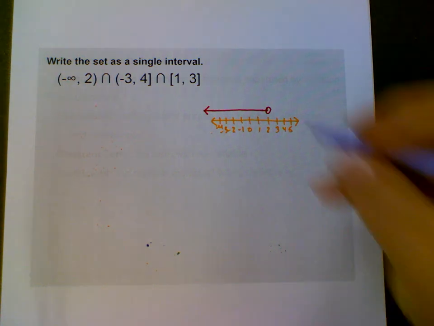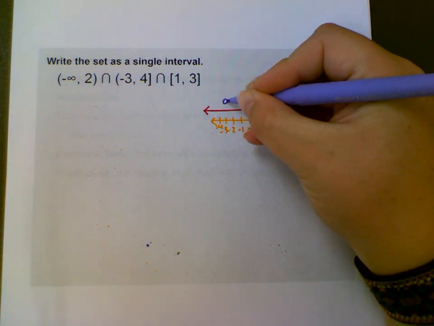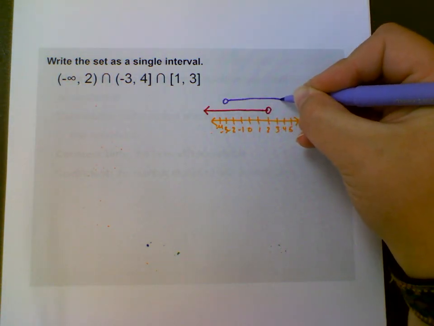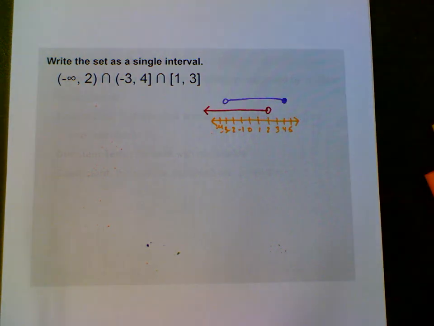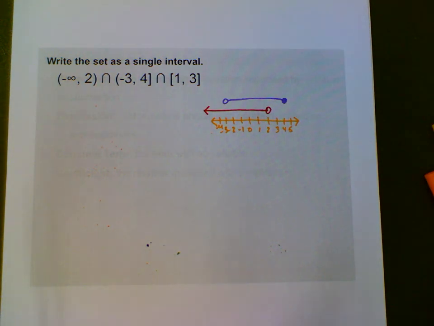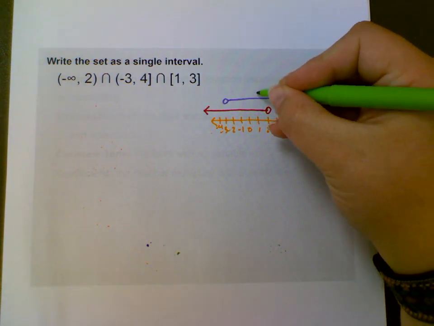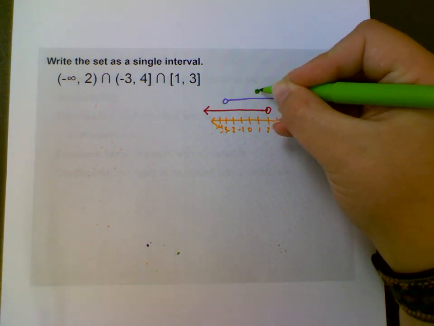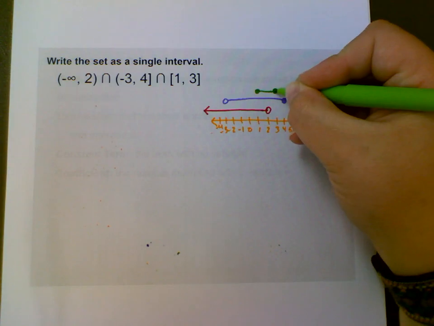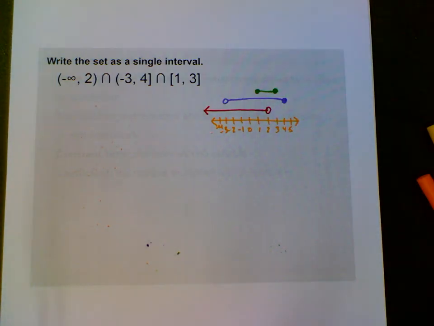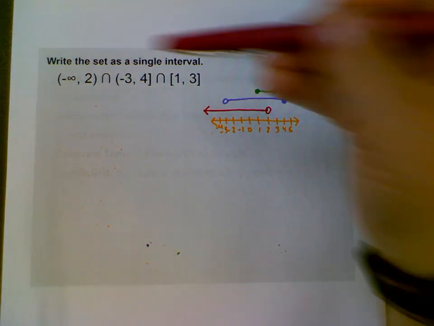My second is -3, so an open circle, to 4 with a bracket, so a filled in circle. And my third one is 1 with a bracket, so filled in circle, to 3 with a bracket, so filled in circle.